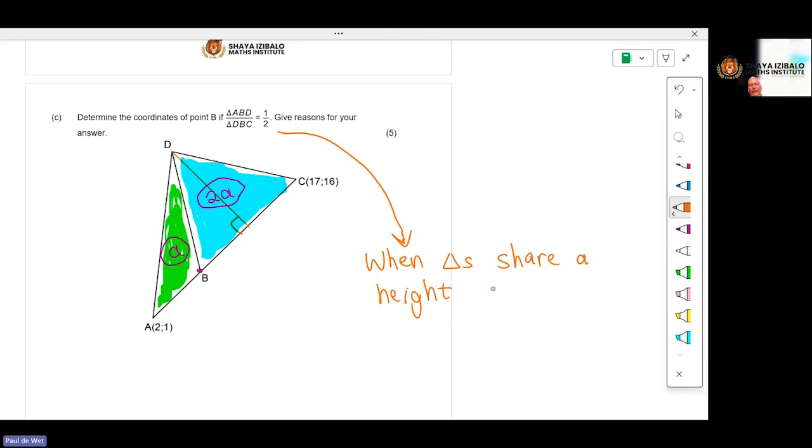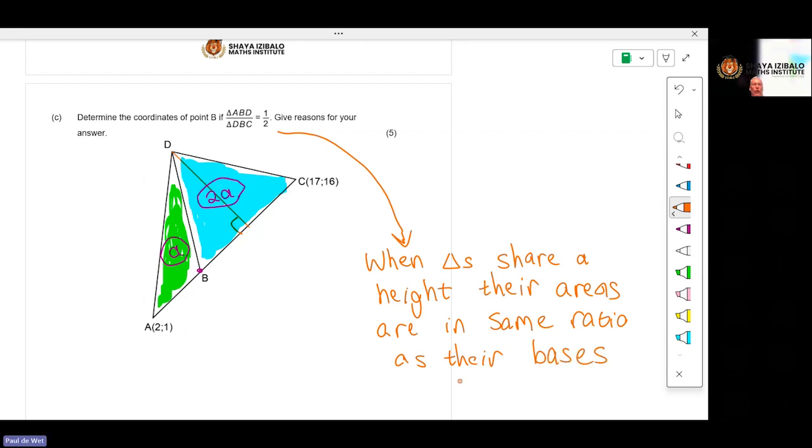When triangles share a height, their areas are in the same ratio as what? As their bases. So what's the ratio of this to this? It must be the same ratio as the areas, 1:2. So this might be P and this might be 2P.